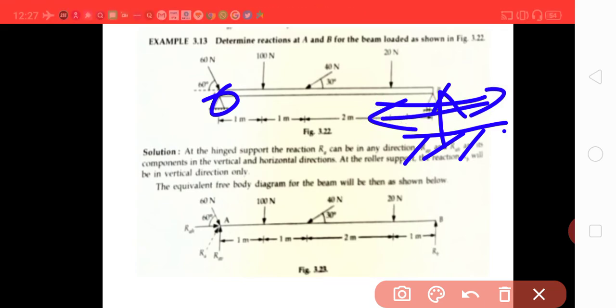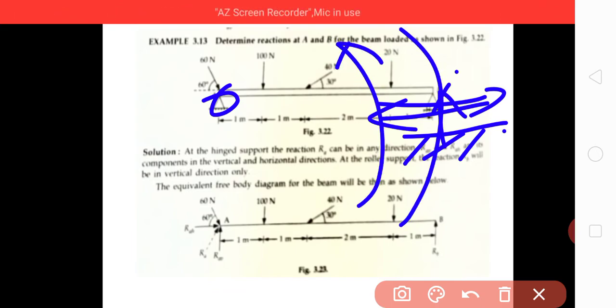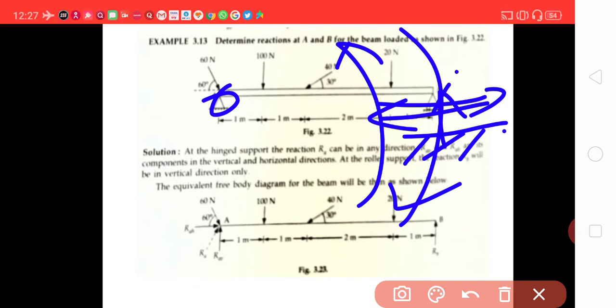If a force is applied horizontally, it will not give any reaction here. But hinge support will give a horizontal as well as a vertical reaction. But hinge support will not counter any moment. If we give a moment like this or like this, it will not counter it. Only fixed support can counter the moment, but it will counter the vertical and horizontal forces as a reaction at the hinge.